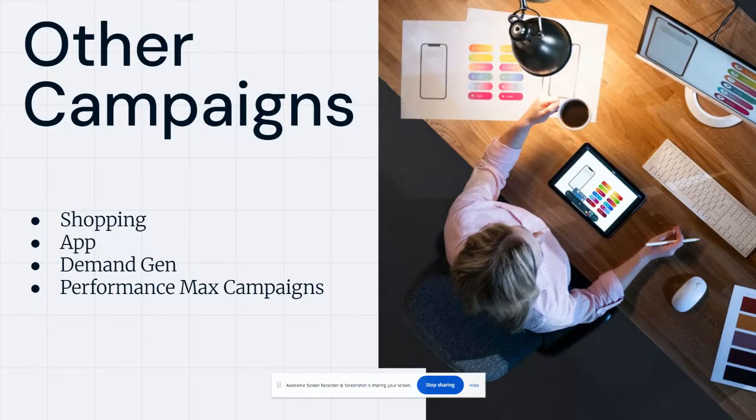You give it ad copy, images, and a shopping feed if you've got products, and you give it videos as well. You also give it signals, so you can connect your Google Analytics with it, and let it know, with conversion tracking, the things that are important to you.